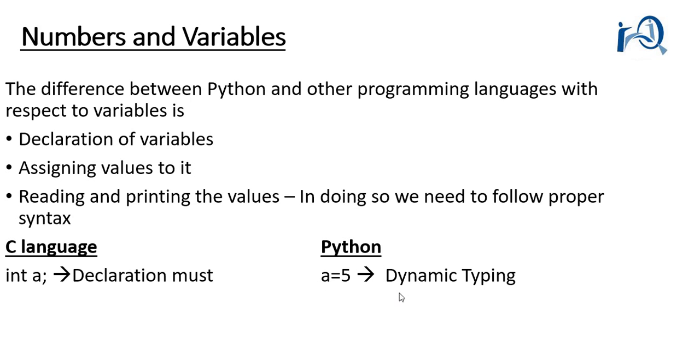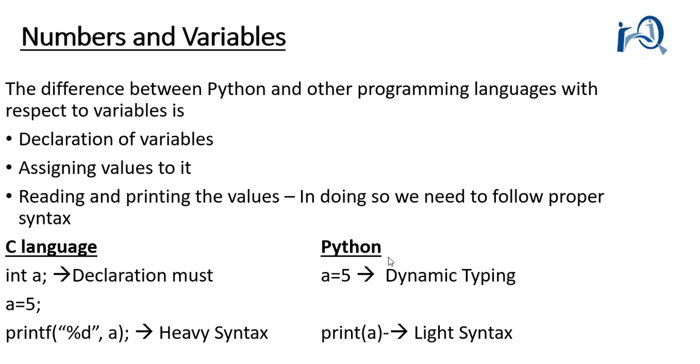This feature is called dynamic typing in Python. This is one of the greatest features of Python which made it so prominent: it automatically allots the data type. There is no need for us to declare the data type. Next we are assigning the values to these variables, which is already done in step number 1 in Python. And next I am using the output function printf for printing.